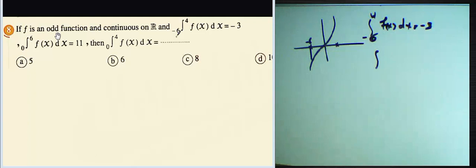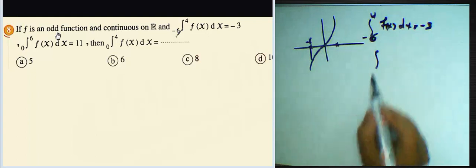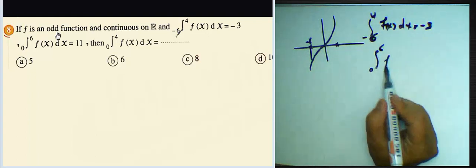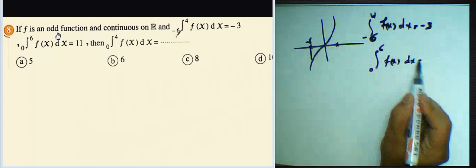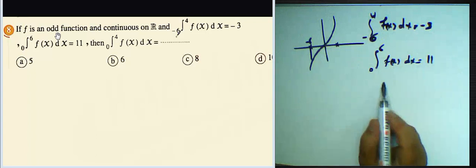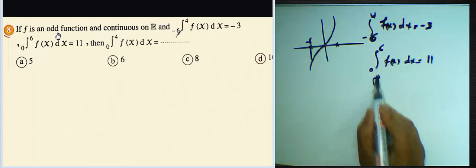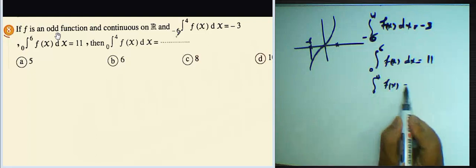Okay, look here. He gives us the integral from 0 to 6 of this function f of x dx, which was 11. We want to find the integral from 0 to 4 of this function.